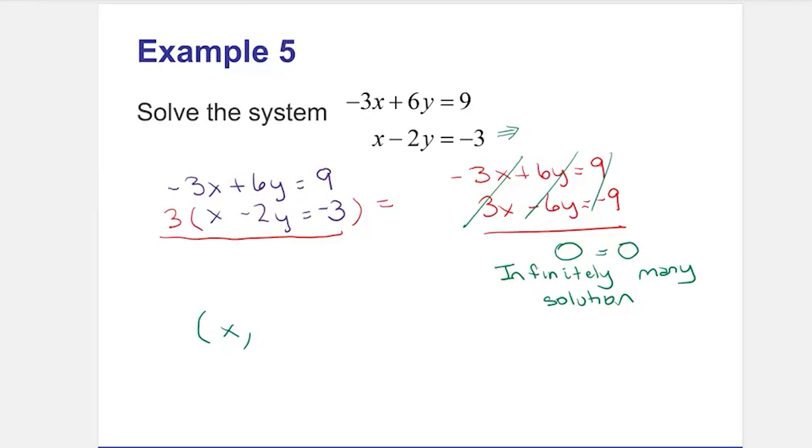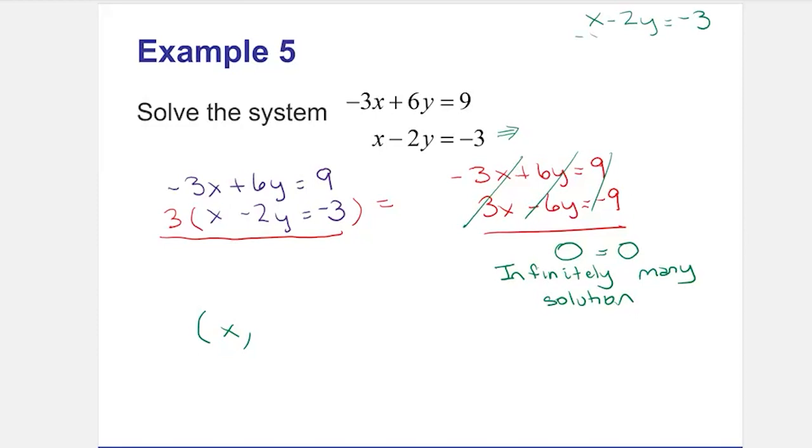So the first thing I would do here is solve this for y. Let's do it up here. x minus 2y equals negative 3. And I'm going to solve this for y in terms of x.